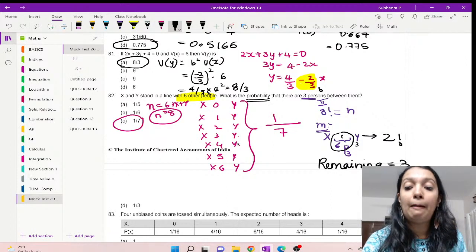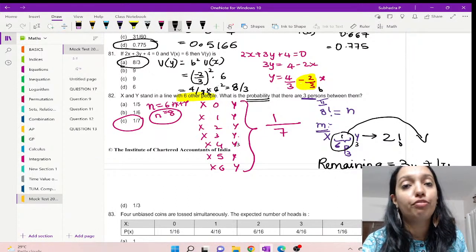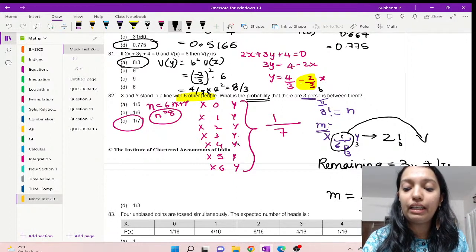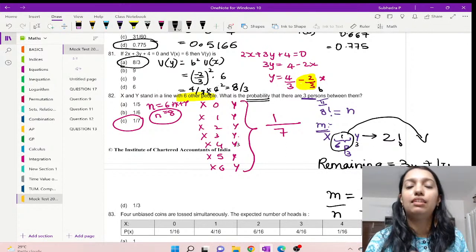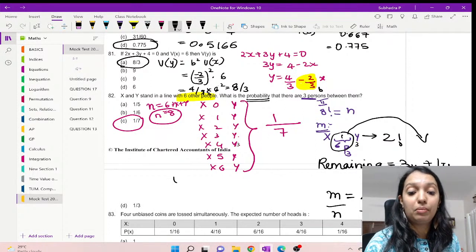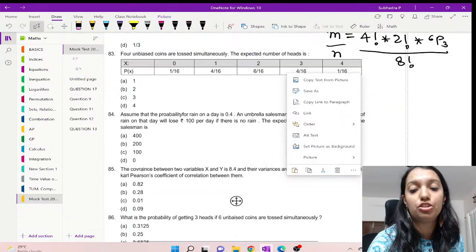Remaining 3 plus this 1 unit, totally 4 units can be arranged in 4 factorial ways. So your total M will be 4 factorial into 2 factorial into 6P3, divided by n, 8 factorial. Simplify this, even then you will get 1 by 7 only. So 2 methods, I recommend this method and not the other method because it's very lengthy in the examination.